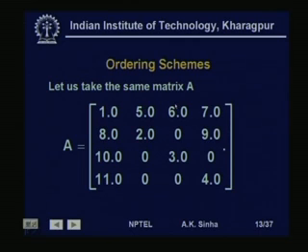This row 3 has 3 non-zero elements, so this is numbered as 3 and 3. The first row has 4 non-zero elements, the largest number of non-zero elements, so this is ranked 4 and 4.